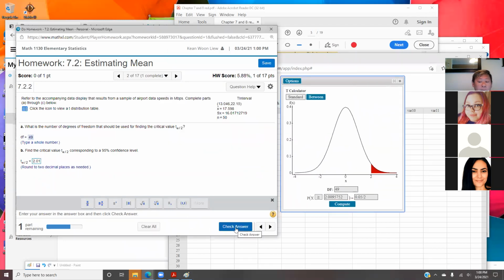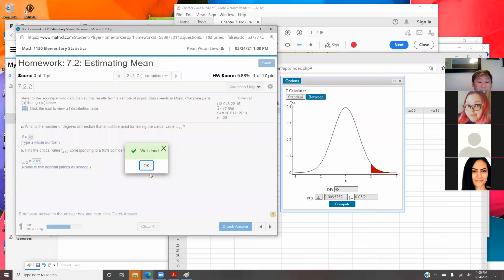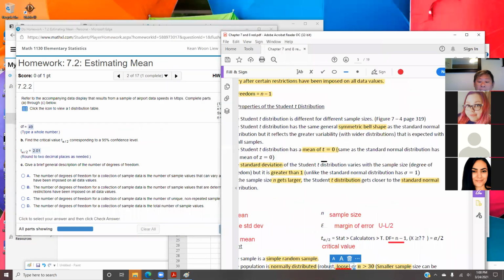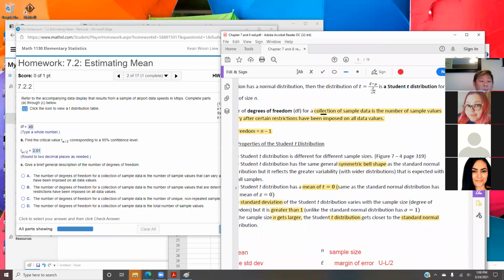You guys all right? This is the definition of degrees of freedom. It should be the same as what this is: a collection of sample data values after a certain restriction has been applied.